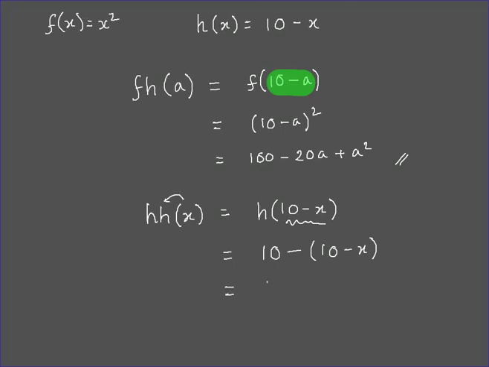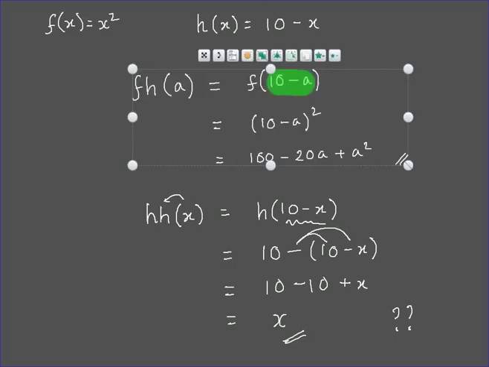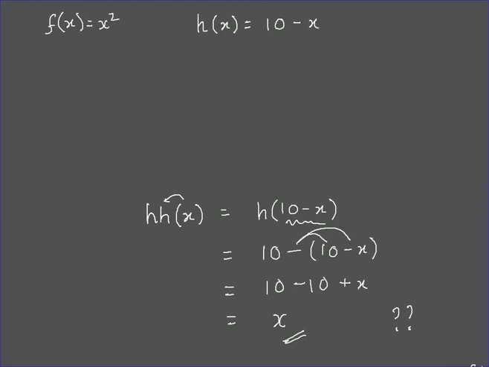And if we get rid of that bracket, 10 minus 10, minus minus plus x, and 10 minus 10 is 0. Strangely, you seem to get x, which doesn't seem very exciting at all, in fact, but it gives us the correct answer, and you'll be able to see what's happening here.